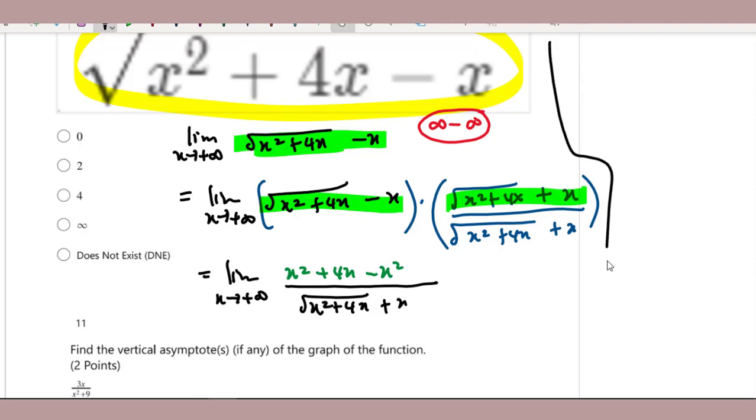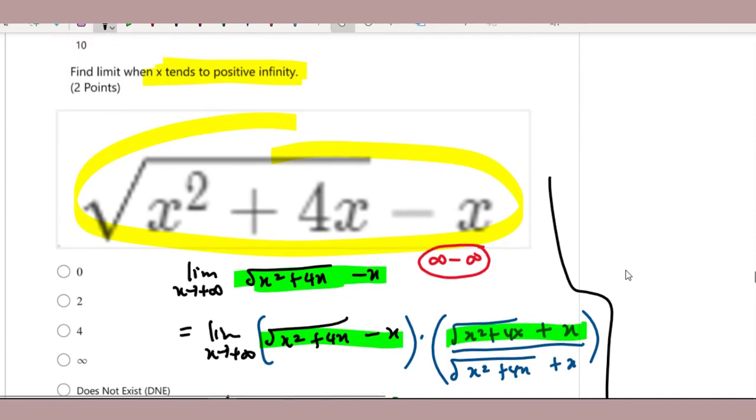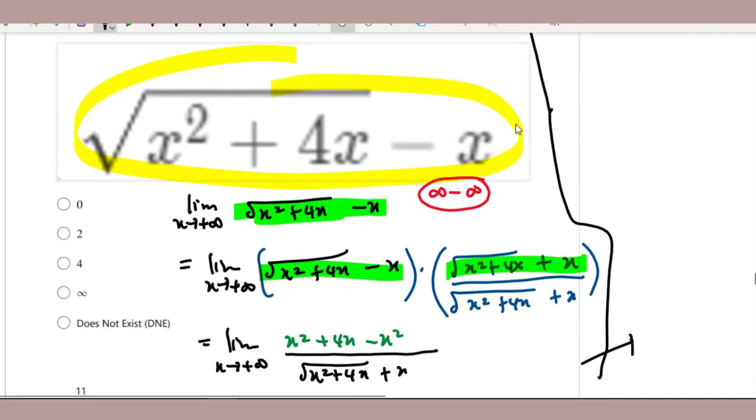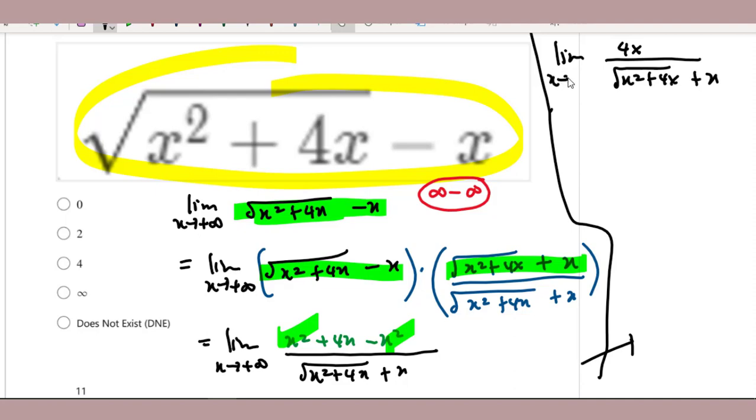So continue up here. Okay, simplify. Here is the limit. This one cancels, leaving 4x over the square root of x squared plus 4x plus x as x tends to positive infinity.